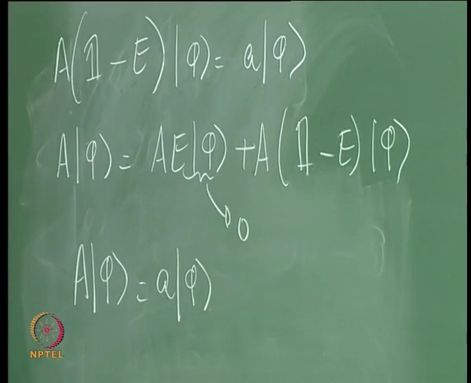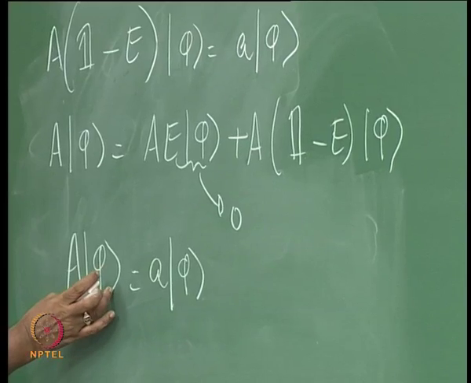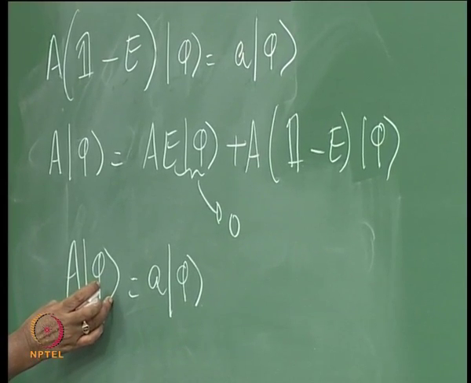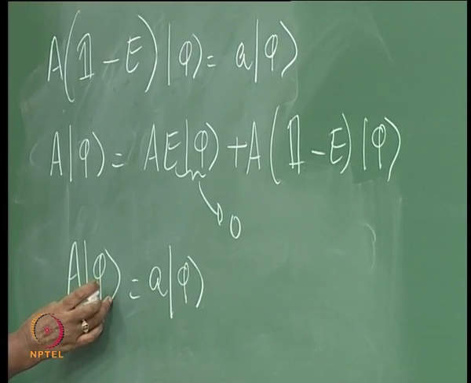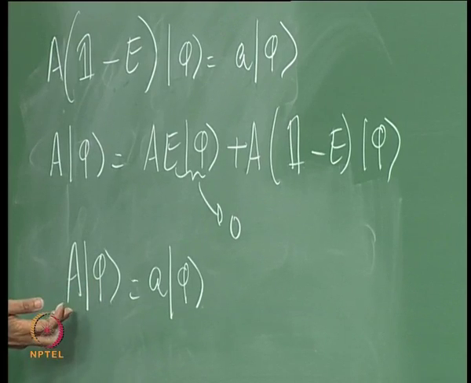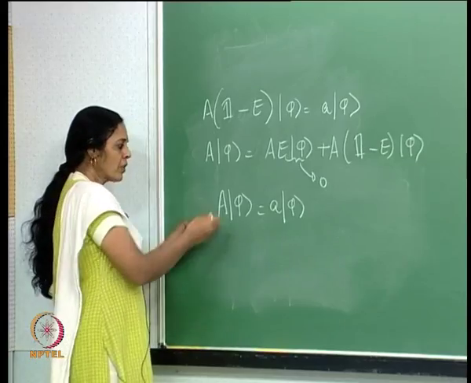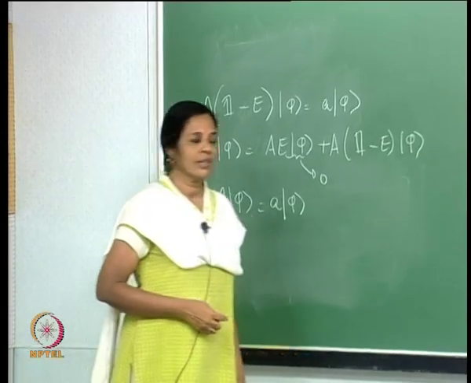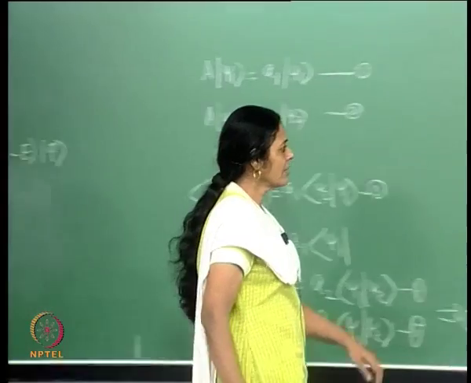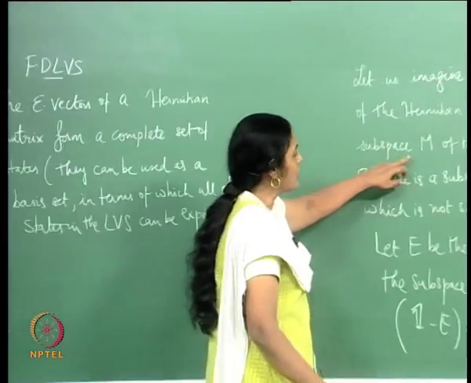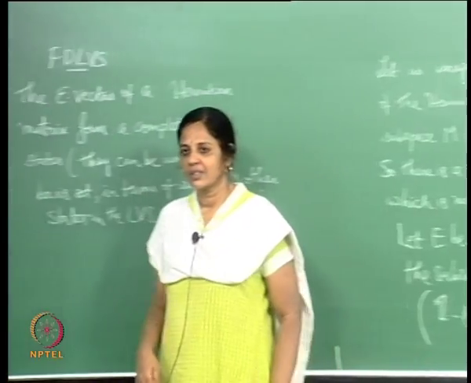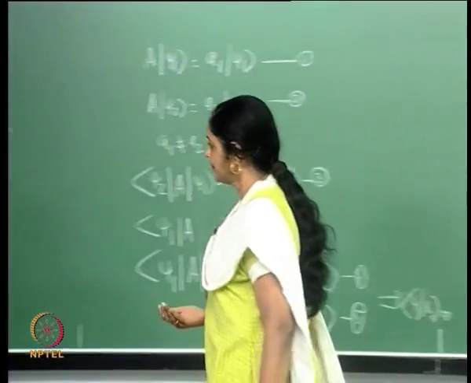In other words, what we have seen is that a state which belongs to M bar is an eigenstate of A with eigenvalue a. But all eigenstates of A we imagined would span only the subspace M. Therefore, there is a contradiction.